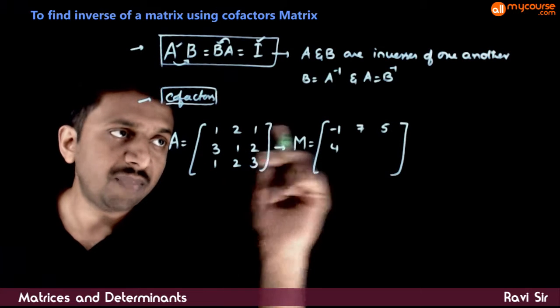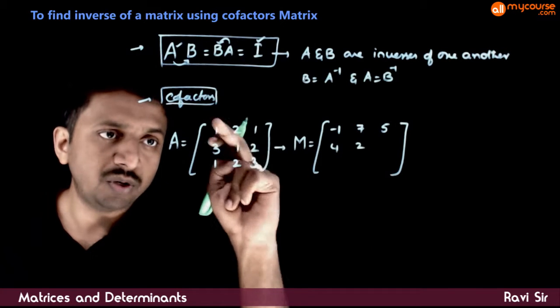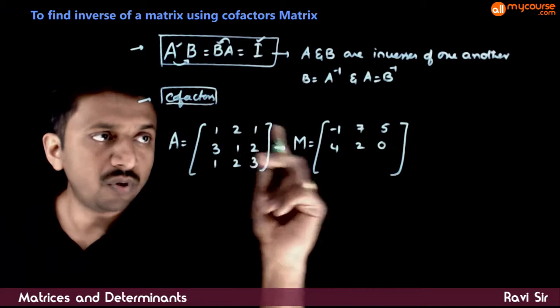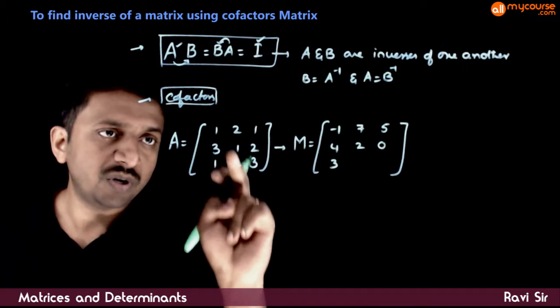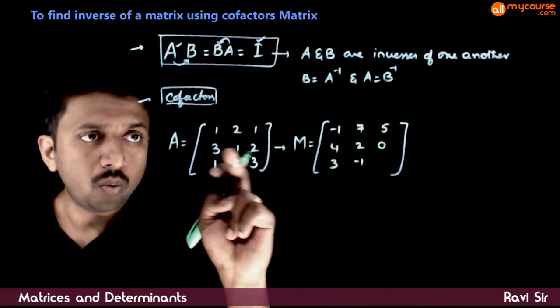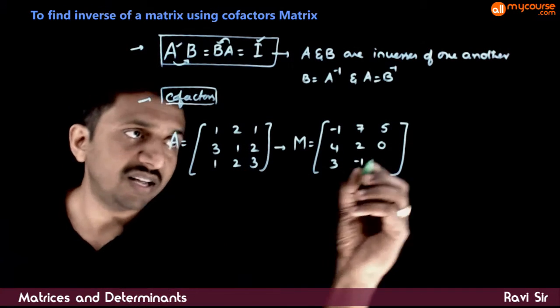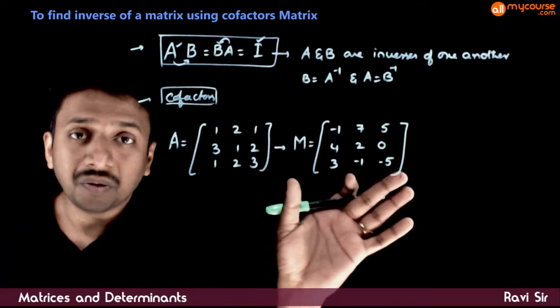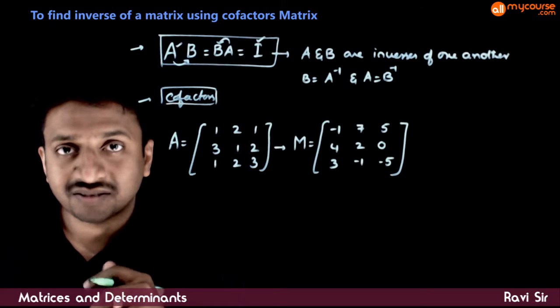Corresponding to 1, 3 minus 1 is 2. Corresponding to 2, 2 minus 2 is 0. Corresponding to 1, 4 minus 1 is 3. Corresponding to 2, 2 minus 3 is minus 1. Corresponding to 3, 1 minus 6 is minus 5. So this is the minors matrix.